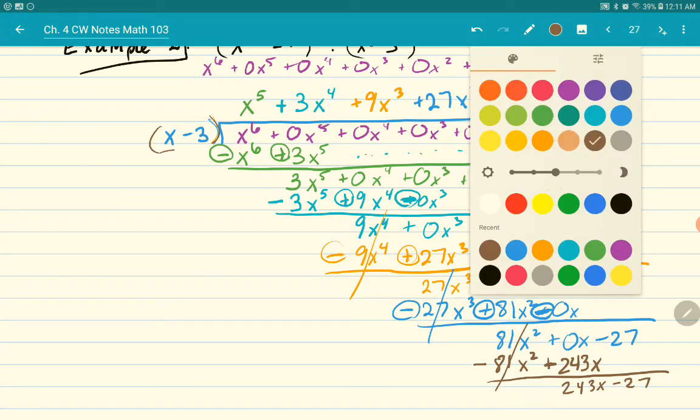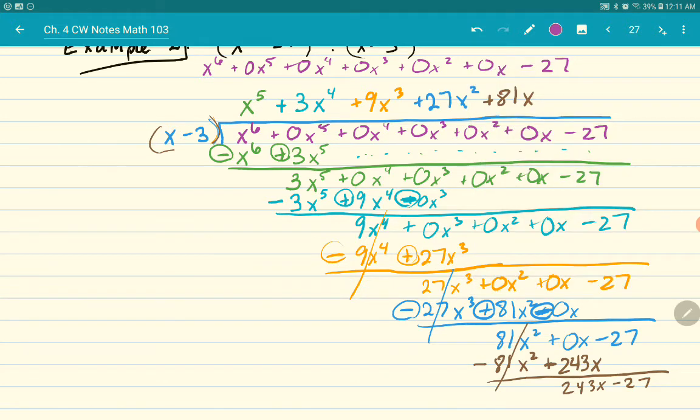Running out of colors, just a long one. And I say, okay, what times x gives me 243x? And that one is 243.